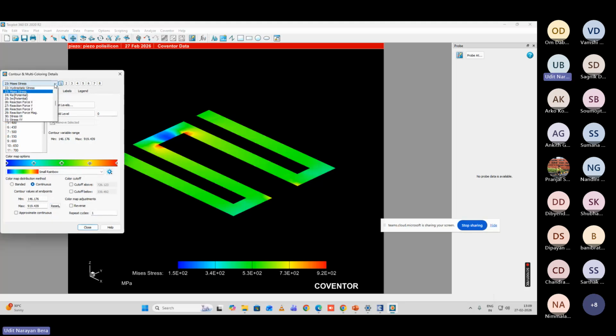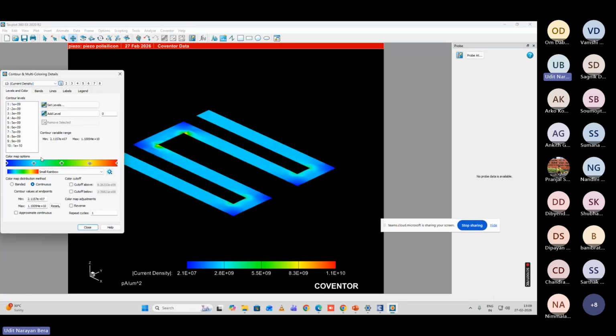But in MEMPZR, what you are supposed to measure is the change in voltage or change in resistance. So let me show you what about the current density. You can also check the current density here. Okay. Also, you can check the voltage distribution.